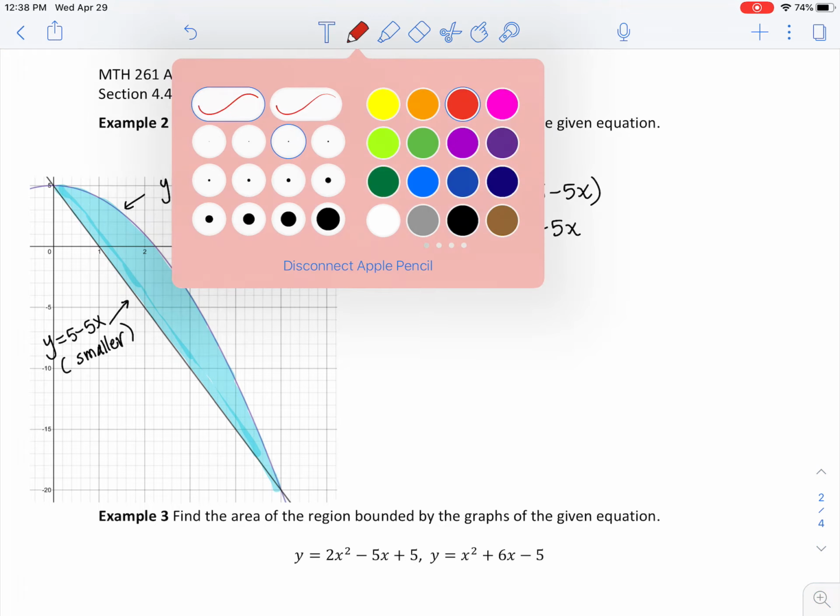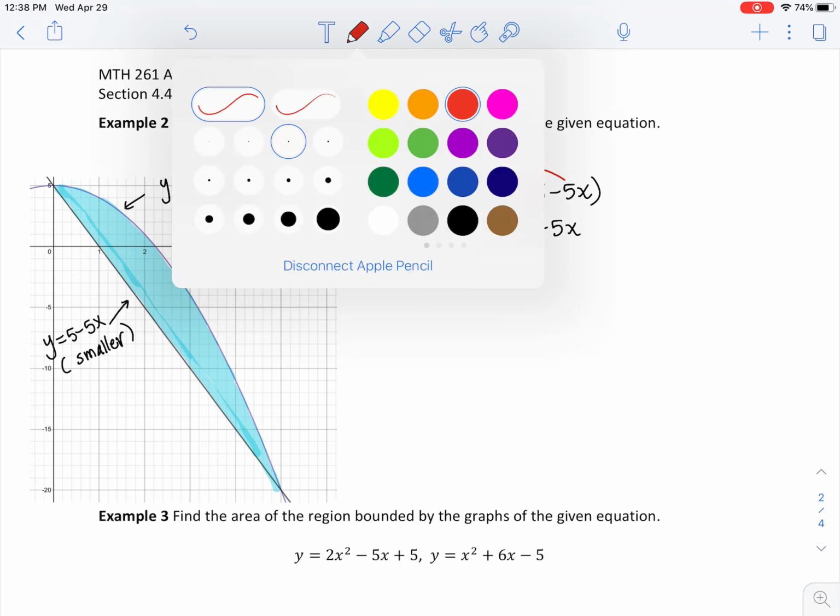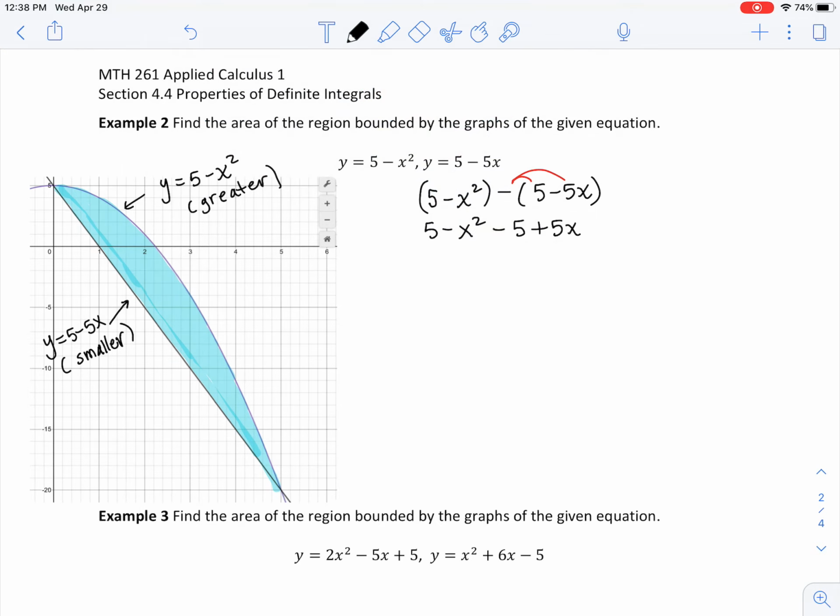Be careful with symbols here. 5 minus x squared minus 5 plus 5x, because you need to distribute that subtracting. You're subtracting a negative 5x. So if I combine like terms, my integrand is going to be negative x squared plus 5x. And then 5 minus 5, that cancels out. So this is the integrand.